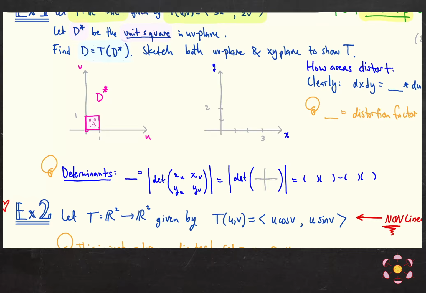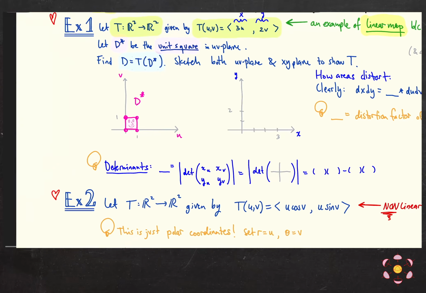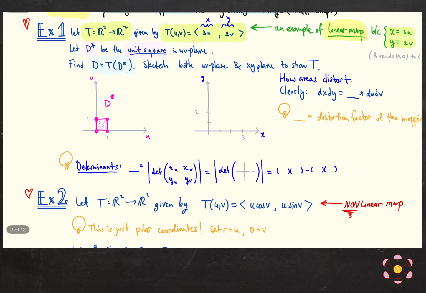One way to think about it is, let's just look at the corners. We can actually just start plugging in the coordinates. In fact, you should pause the video and convince yourself of what I'm going to say in the next part. If I put 0, 0 for u and v into this transformation, I'll get 0, 0.